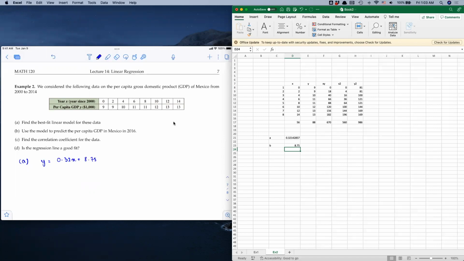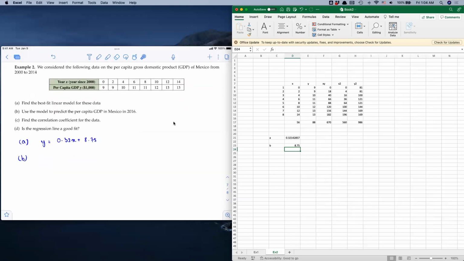Now we're going to use this model to make a prediction for the per capita GDP in Mexico in 2016. So x is going to be equal to, you start at 0 for 2000, and you end at 14 for 2014. So in 2016, the value of x is going to be 16.